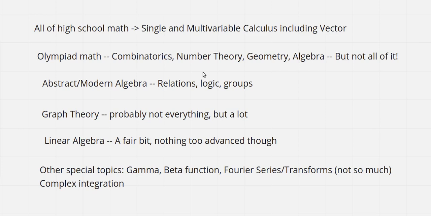I only knew groups, and then there's logic and stuff like that. And graph theory, I also have taken this twice, so I've learned quite a bit about it because both times I took it, we learned very different material.